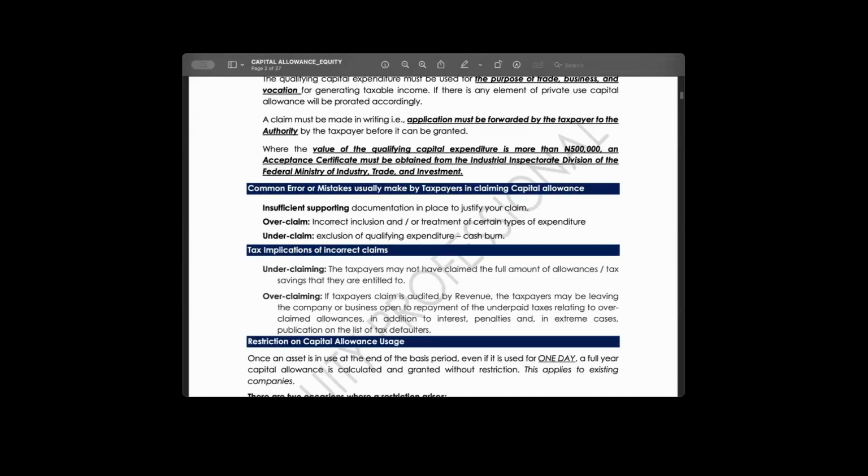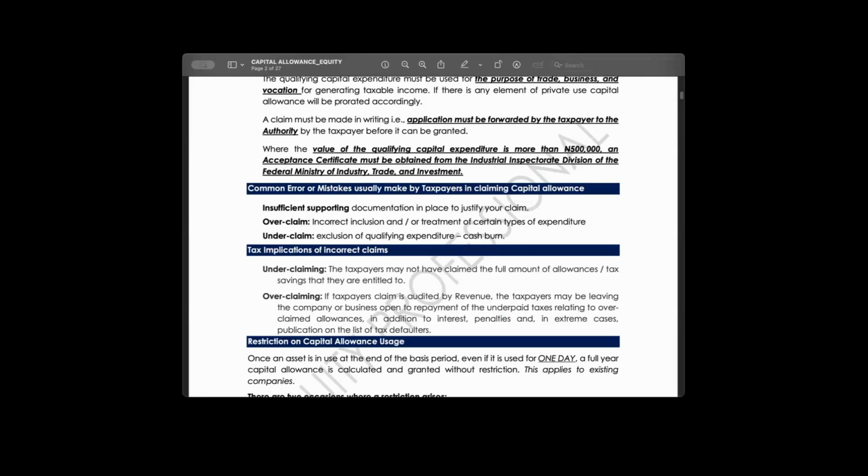So if you have included what is not supposed to be part of capital expenditure in your books, then the tax authority will disregard that. At times, due to their lack of knowledge, some taxpayers can actually exclude certain expenditure that qualifies for capital allowance unknowingly. And the tax authority will just act as if they did not see it, and they will move ahead. So that is that.